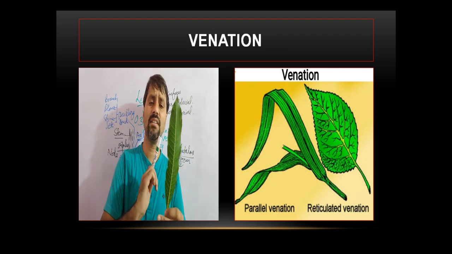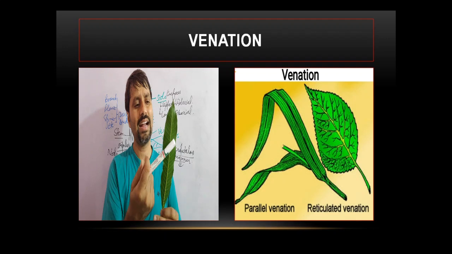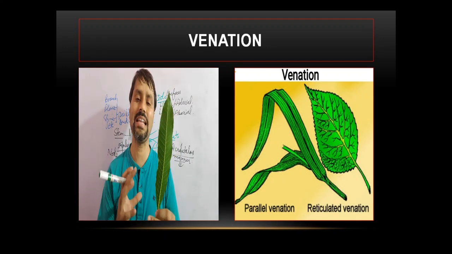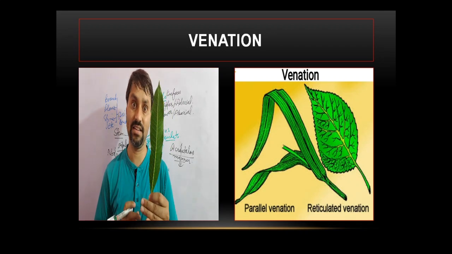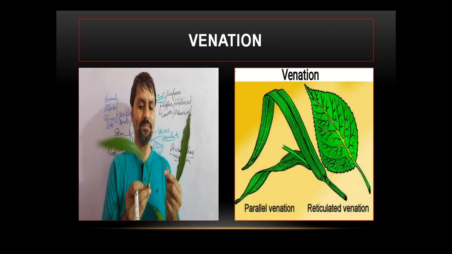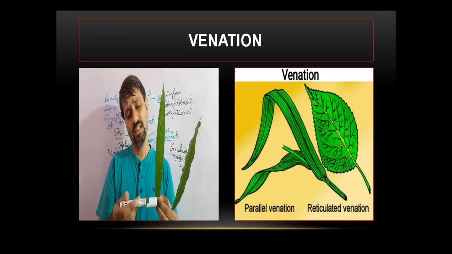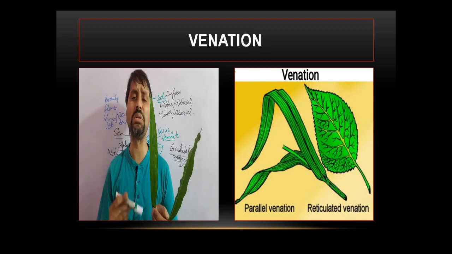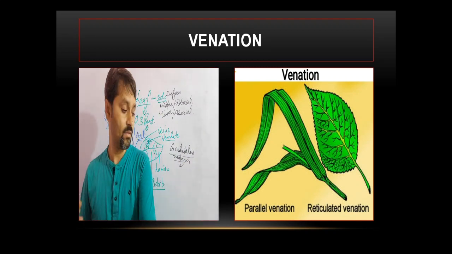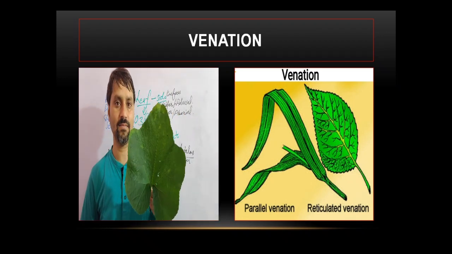In the mango leaf, the veins are running toward the outside, and the veinlets are making a network, like a web. Okay, and in this one, look, it is different. There are many veins running parallel to each other. Okay. Observe one more leaf. It is the cucurbita leaf, my dear friends.